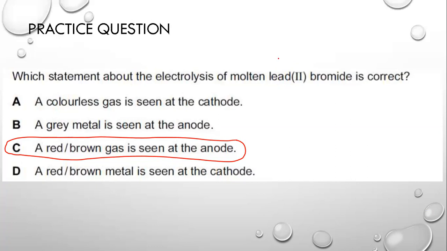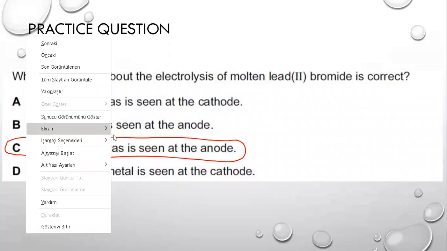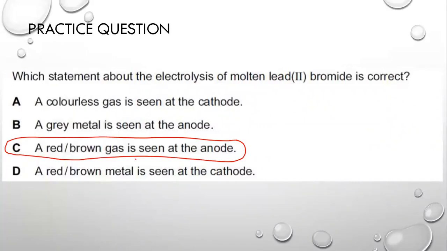It will help you to remember the color of your gases like bromine and chlorine and so forth. However, for this particular question, even if you didn't know what the color of bromine was, the fact that it is a gas there, and from the electrolysis process, you know that the only gas produced was at the anode.